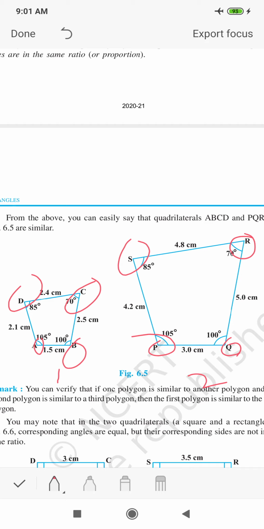Can we say that the angles of these two quadrilaterals are equal? Now we'll compare their sides. AB is 1.5, PQ is 3.0, so PQ is double AB because 3 is double 1.5.